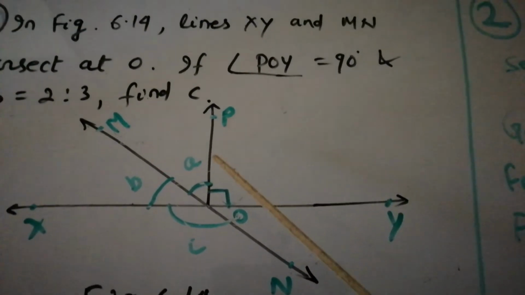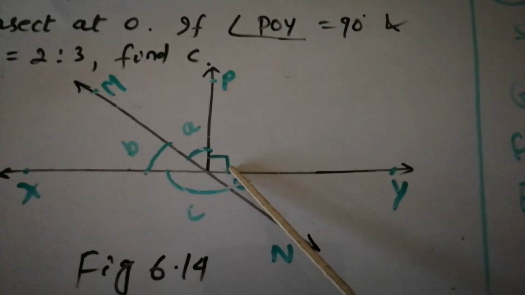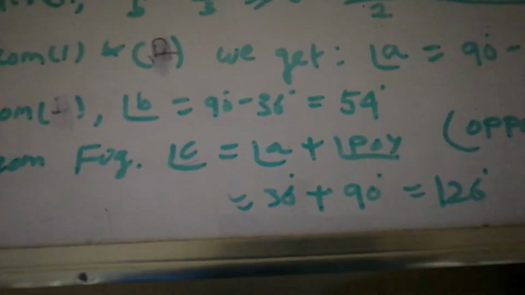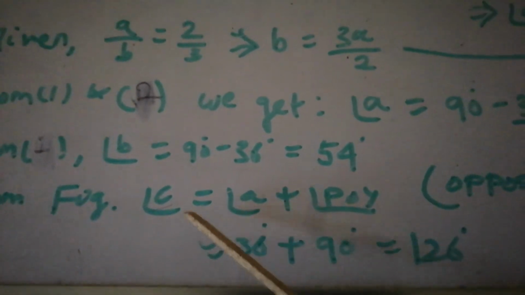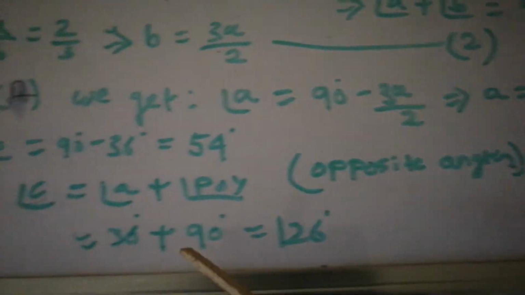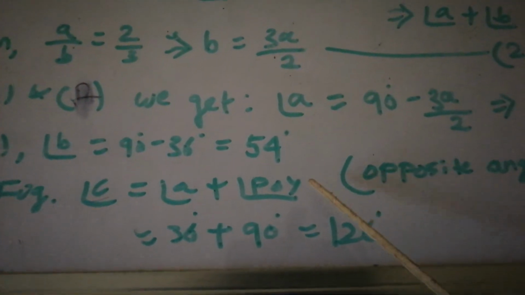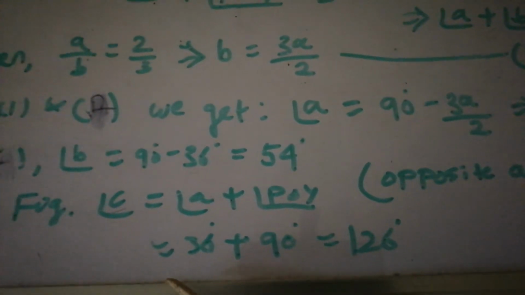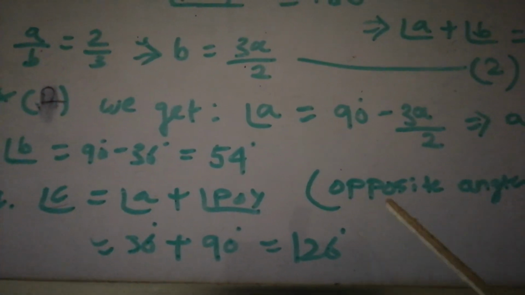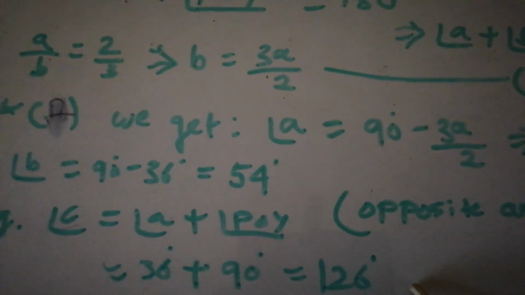So on one side we can write angle A plus POY equals angle C. So angle C equals angle A plus angle POY. Angle A equals 36 degrees and angle POY equals 90 degrees. So the sum will be 126 degrees. This way angle C is also found.